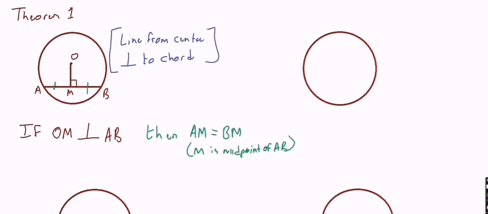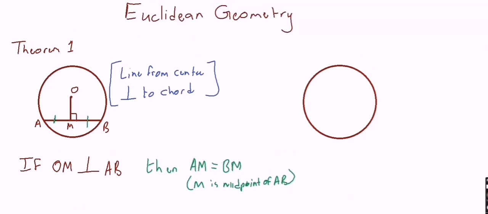We were given a line from center that was perpendicular to chord. What it does, it bisected the chord. So as a full statement, a line from center perpendicular to chord bisects the chord. Okay, that is Theorem 1.